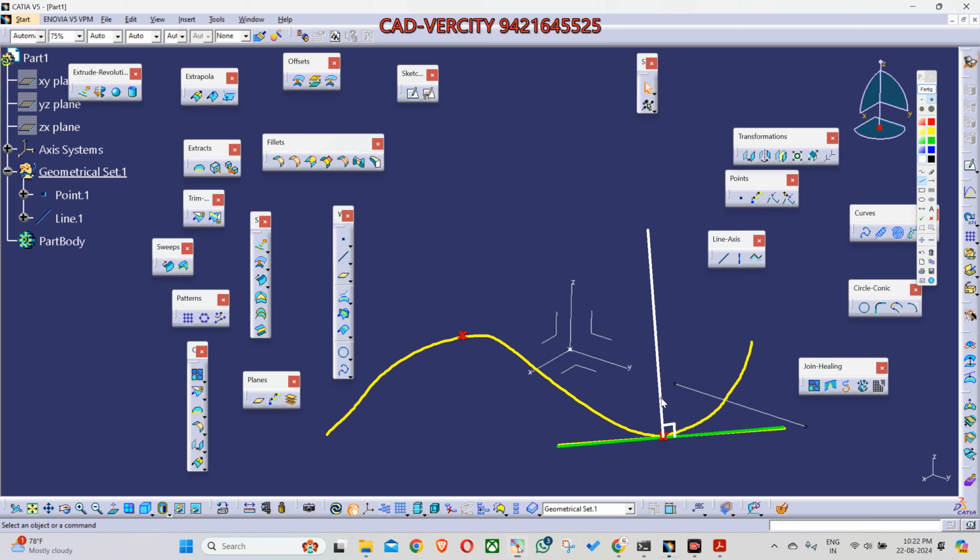Simple logic. Yes, sir. We can draw a line normal to any curve. It may be a spline or an arc or a circle, anything. Okay. Got it? Thank you, sir.